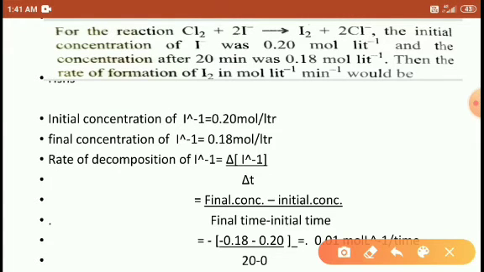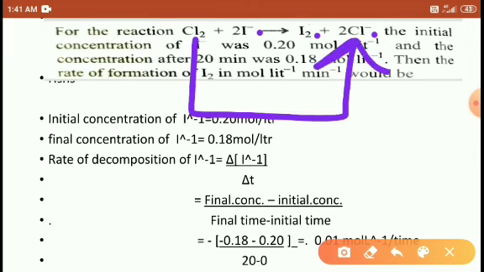Okay students, next example. For the reaction of chlorine, iodide ion reacts to form iodine molecules and chloride ion. It means the chlorine turns into chloride ion. It undergoes what type of reaction?